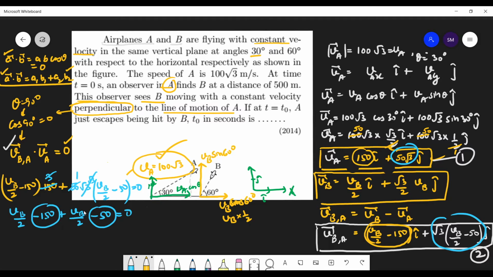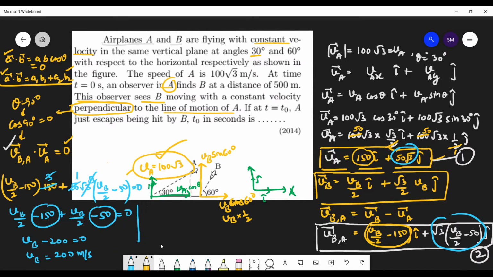So half of VB and half of VB, half and half will be 1 VB minus 200 equals 0. So VB is equal to 200 meter per second.